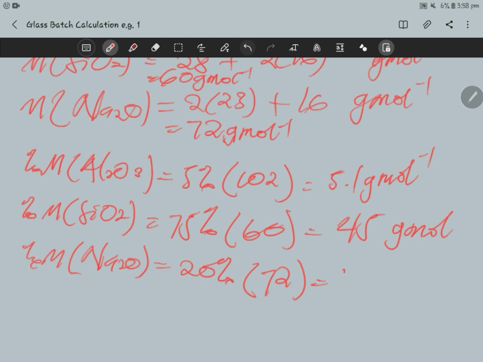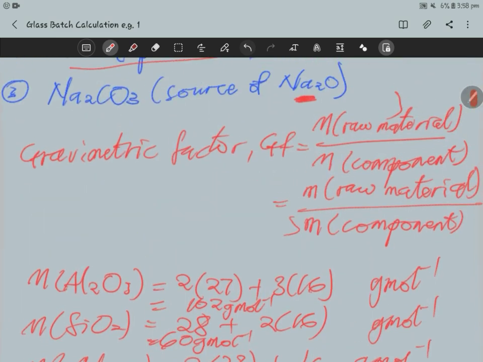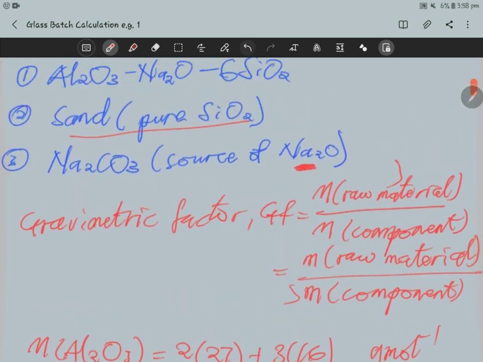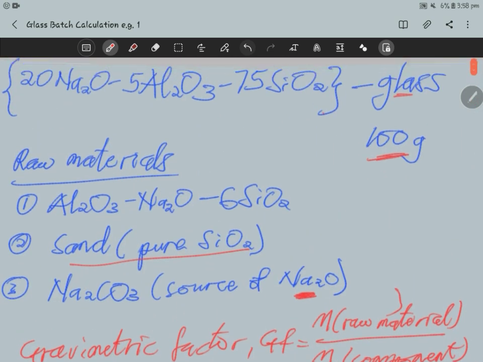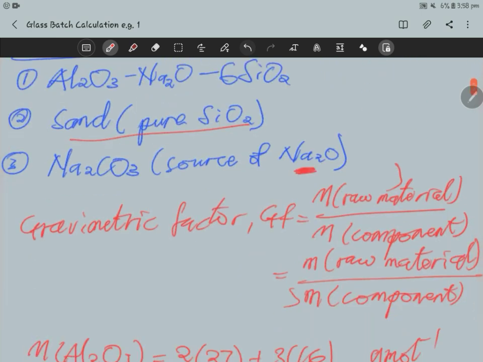That gives us 14.4 grams per mole. 20% of 72, right? Let's see.